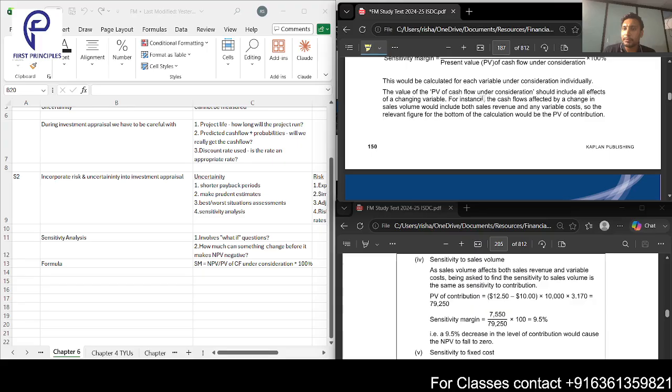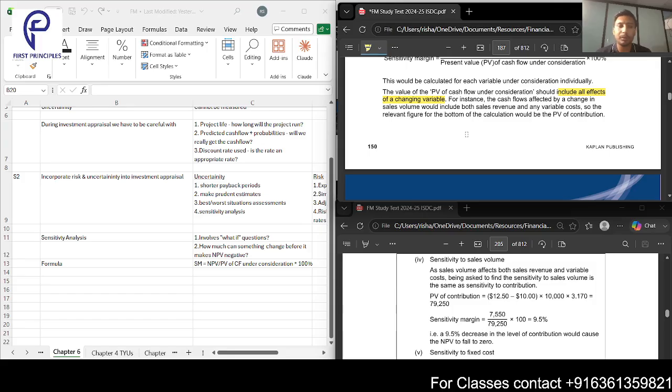The present value of a cash flow under consideration should include all effects of a changing variable. If one cash flow is changing, every variable it affects and the impact it has on all the variables should be considered.